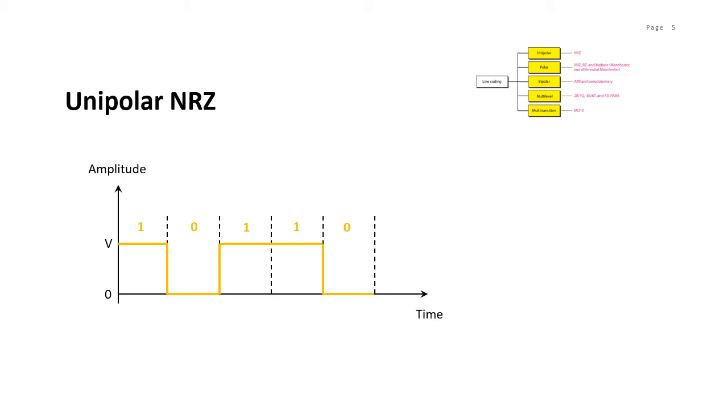Compared to polar non-return zero, which you will see next, this scheme is very costly, as the power needed to send 1 bit per unit line resistance is double that for polar non-return zero. For this reason, this scheme is normally not used in data communication anymore.